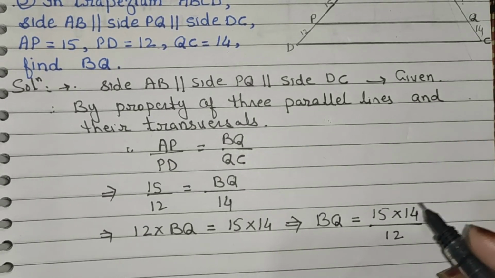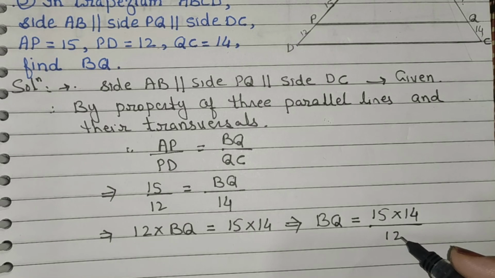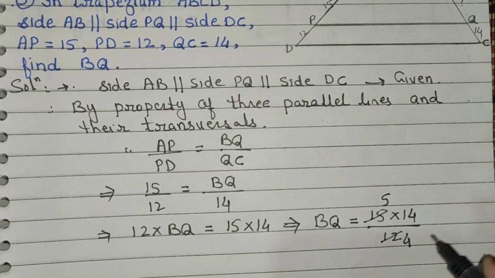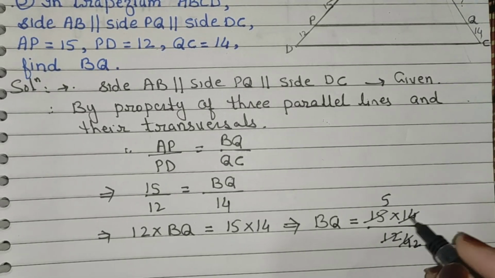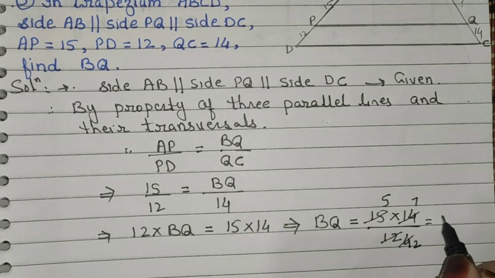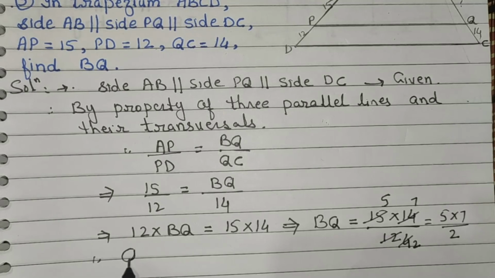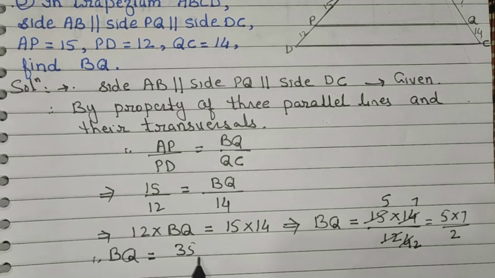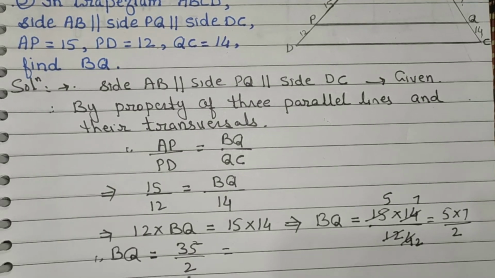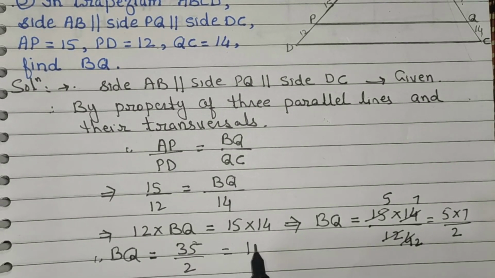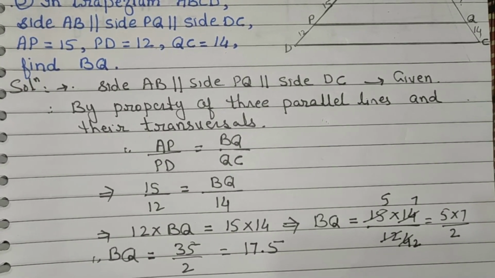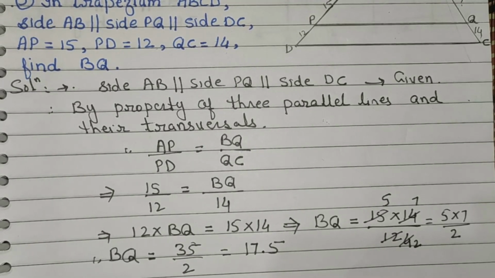Now cancel it. 3 4s are 12, 3 5s are 15. Now 2 2s are 4, 2 7s are 14. We get 5 into 7 upon 2. Therefore, the value of BQ is equal to 35 upon 2. Now solve it. Therefore, we get the value of BQ is equal to 17.5.